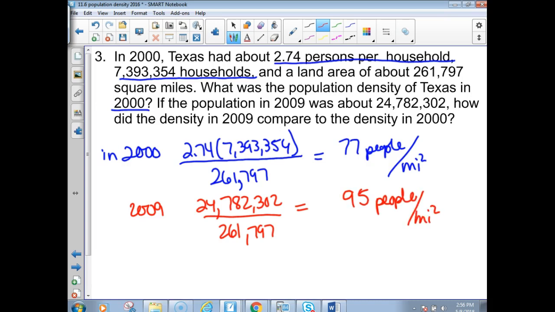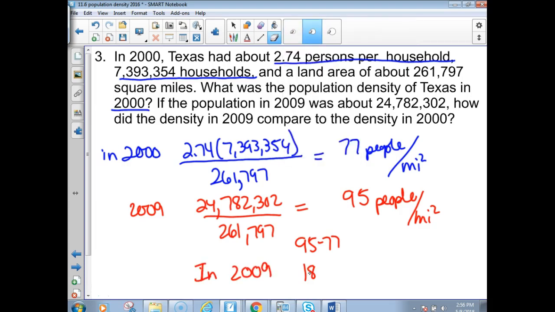Okay, so the kind of question you might have to answer would be, how do they compare? Well, what's 95 minus 77? 18, so it's in 2009. I'm going to write that over here.